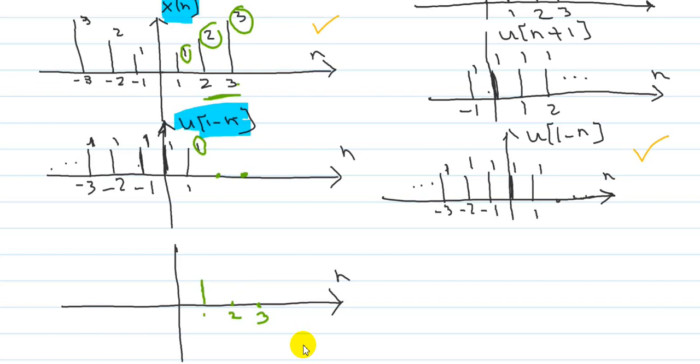Similarly, this is 0, so 0 multiplied by anything gives me 0. At minus 1, this is 1, so 1 multiplied by 1 will give me 1 again. At minus 2, it is 1 multiplied by 2, so I will get 2 at minus 2.